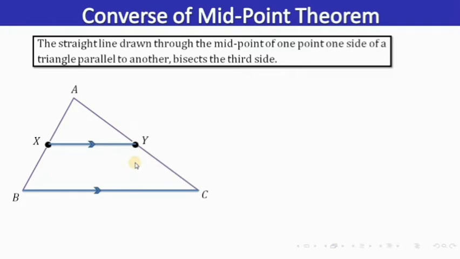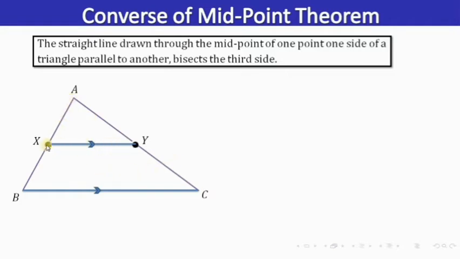Now according to the theorem, we have to take the midpoint of one side, and from that point we have to take one parallel line. That parallel line also I have taken. Now according to the theorem, if these two things happen, then this parallel line bisects the third side.